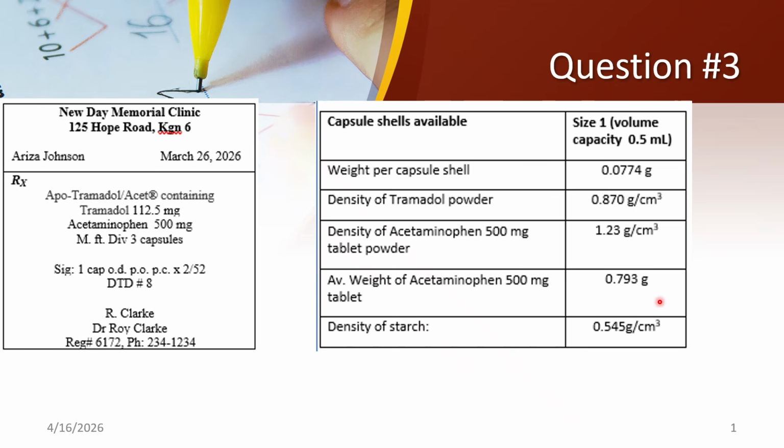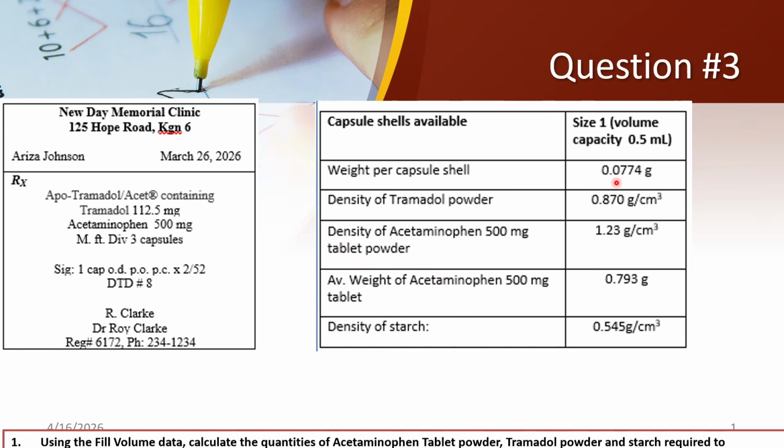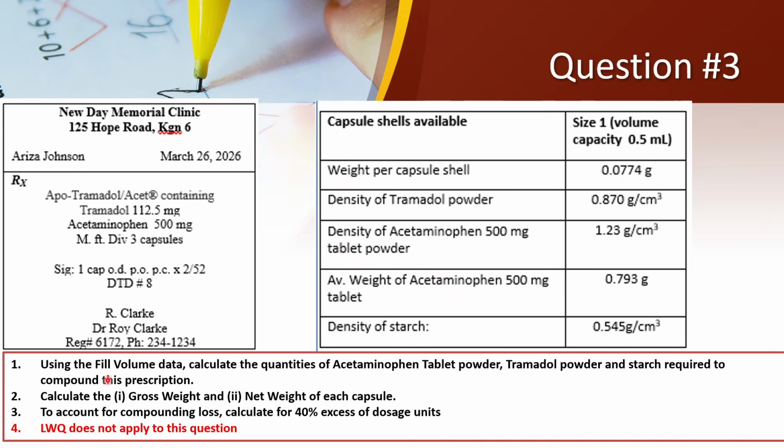The source of the active ingredient for the acetaminophen is going to be the tablet, so we need the tablet weight. Another important piece of data that we need is the volume of the capsule shell that we're using. In this case, we're using size 1, and it has a fill capacity or volume of 0.5 mL. And again, we are doing the same thing that we did for the first two.